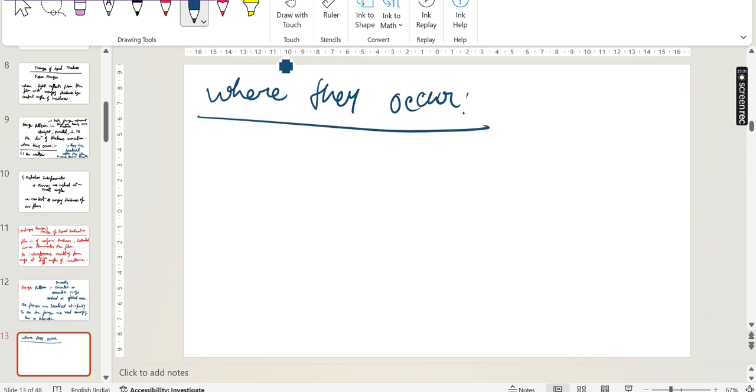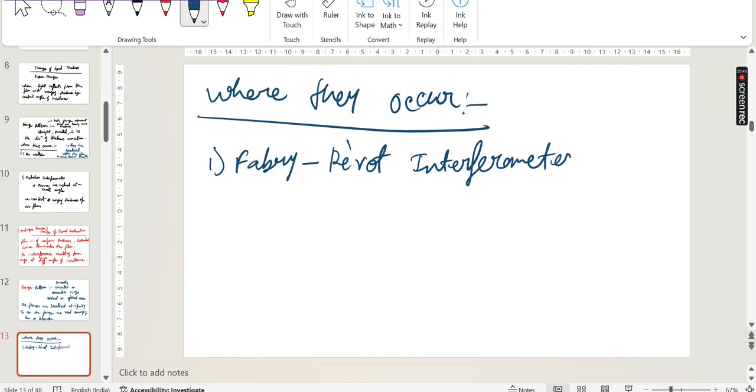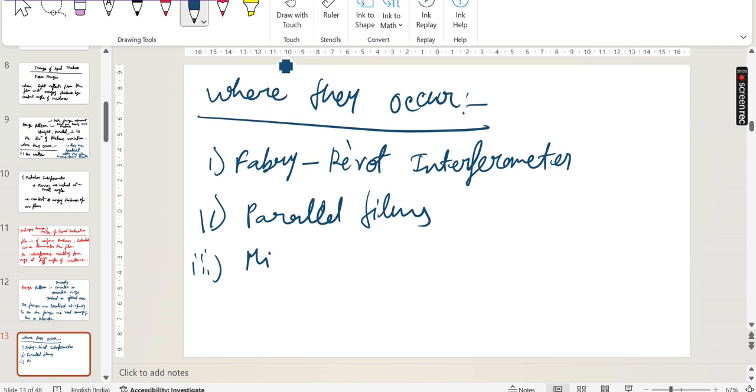They basically occur in the Fabry-Perot interferometer, in parallel films, and in the Michelson interferometer when the mirrors are exactly perpendicular.